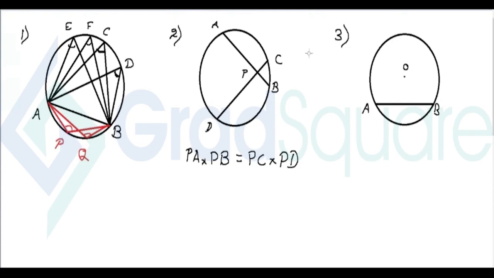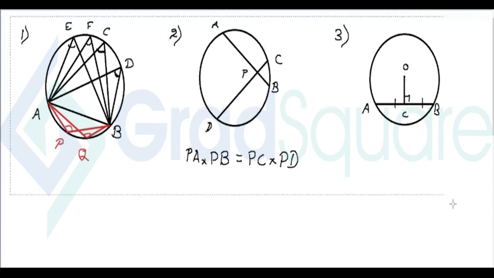Now from the center of the circle, if I drop a perpendicular onto this chord AB, such that the foot of this perpendicular on AB is C, then theorem number 3 states that C will be the midpoint of AB. So a perpendicular drawn from the center of a circle onto a chord will always bisect the chord. So these are the first 3 basic theorems.